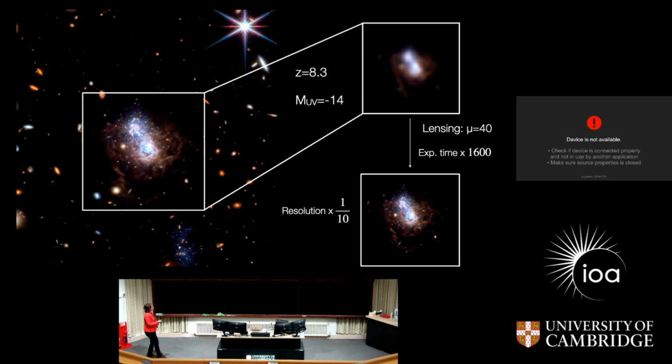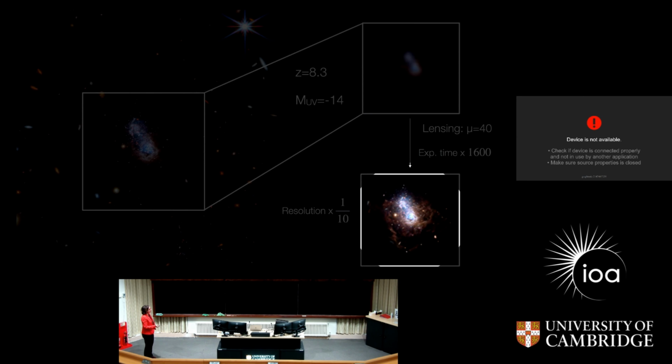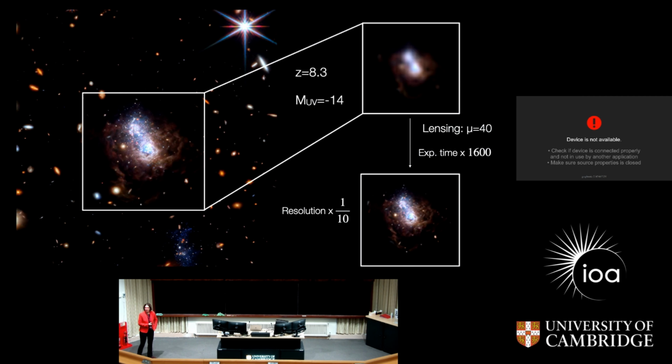So instead of having a galaxy like this, you're getting a galaxy like this, because your resolution is effectively improved with lensing. And so not only can we study galaxies in the early universe as big blobs, we can actually study their insides with very high detail.